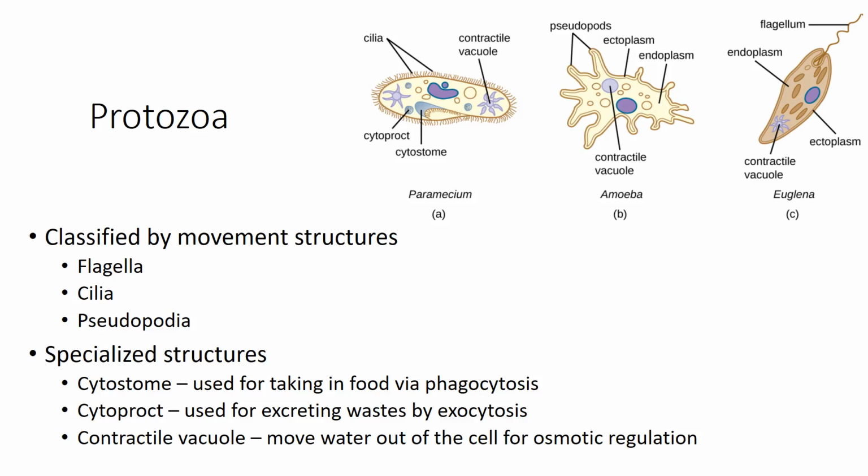Just a couple other specialized structures to mention, not in great detail, but very interesting. Some of the protozoa will have a cytosome, like we see here in the ciliated protozoa. The cytosome is a mouth. So the cilia will move and create a current, causing food to go into the cytosome. The food is then broken down by a digestive type system, and then waste is put into the cytoproct so that it can be excreted by exocytosis.